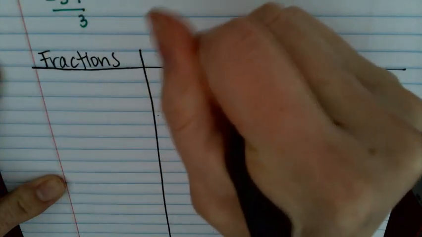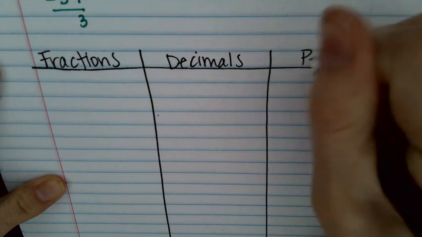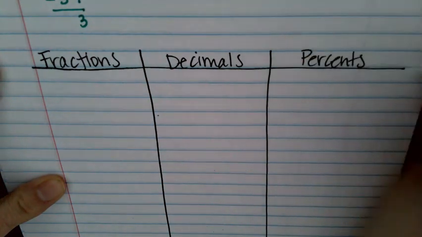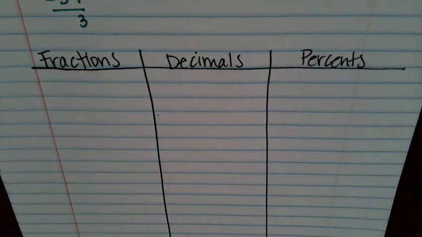I'm going all the way down on my paper. And we're going to go fractions, decimals, and percents. Okay, and remember, percent means per 100 or for every 100, okay?